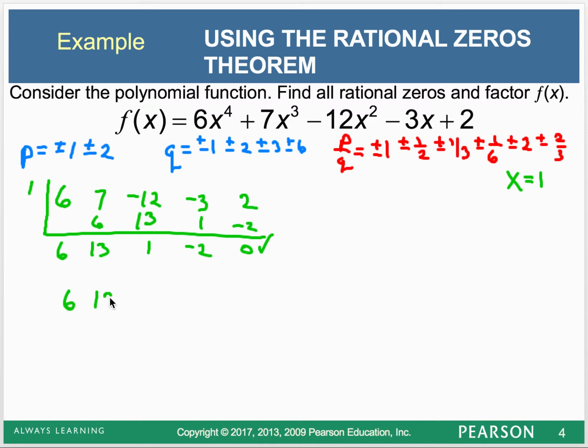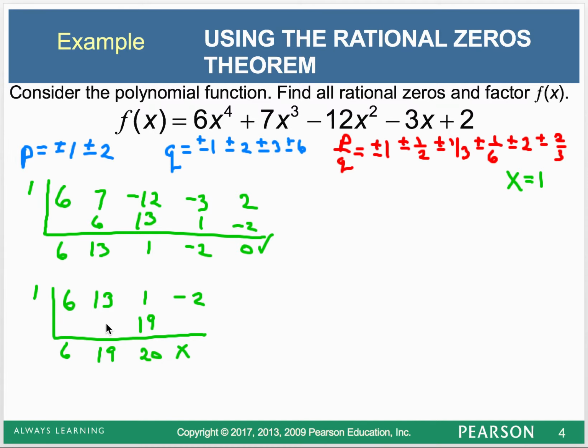6, 13, 1, -2. And let's try 1. 1 times 6 is 6. 13 plus 6 is 19. And I can tell that's not going anywhere, right? It's not going to be 0. I don't really care what it is if it's not 0. All right.